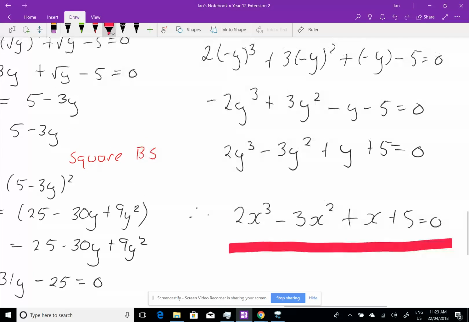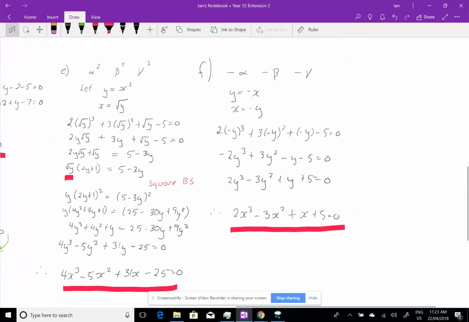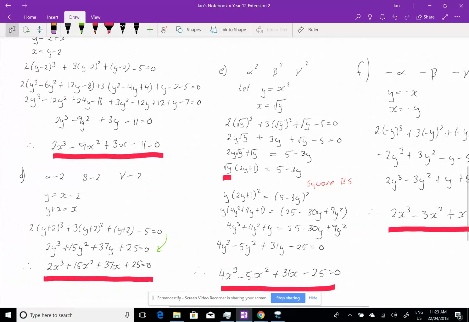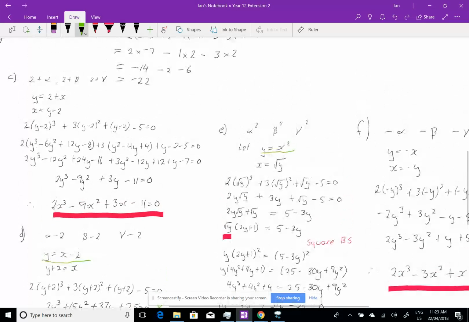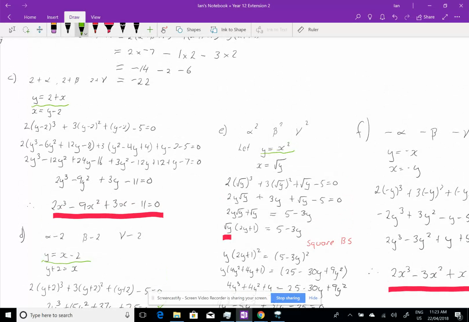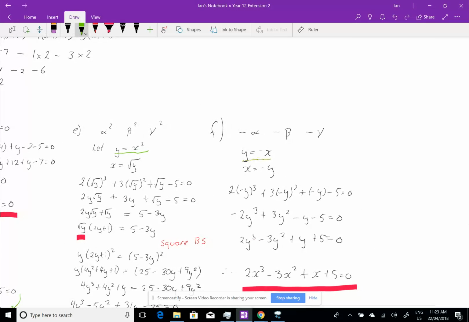So what do you do again? Every time you have one of these, you see your first step, you let y equal it. You rewrite that as x is the subject.